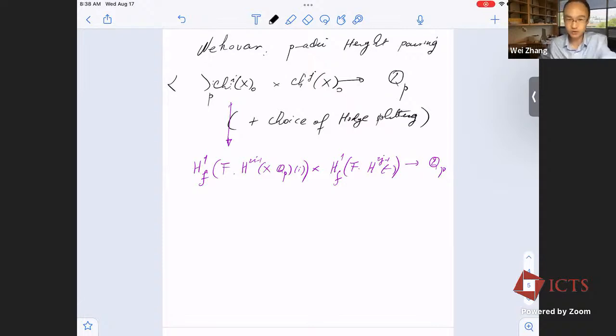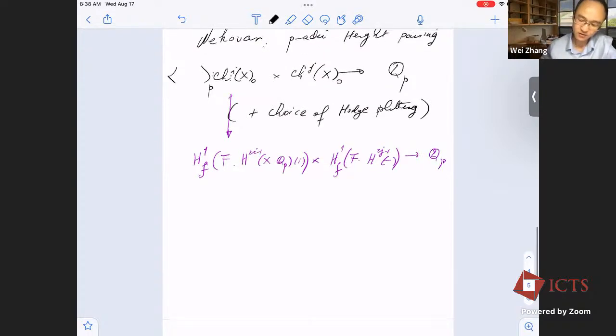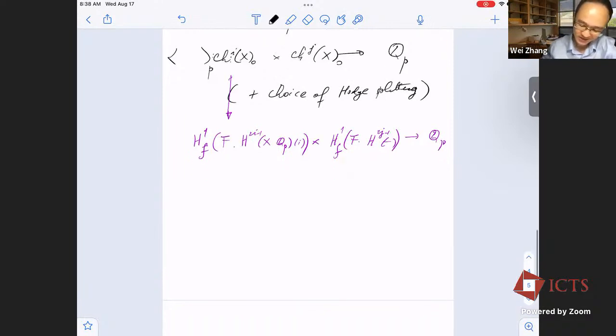So at this stage, you don't have to impose any ordinarity condition. But that's a good question for the next part of the talk. I have to impose ordinarity because of the p-adic L-function issue. So this behaves well with respect to correspondences.